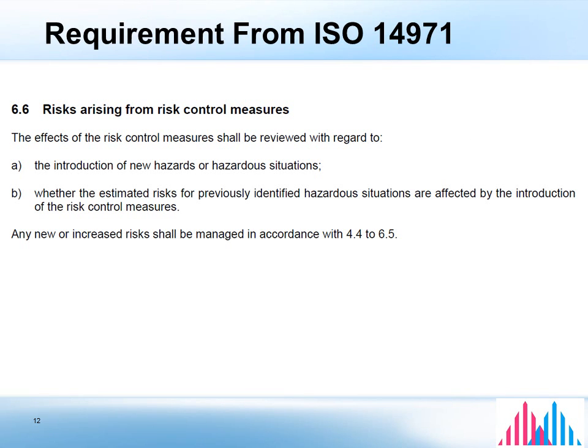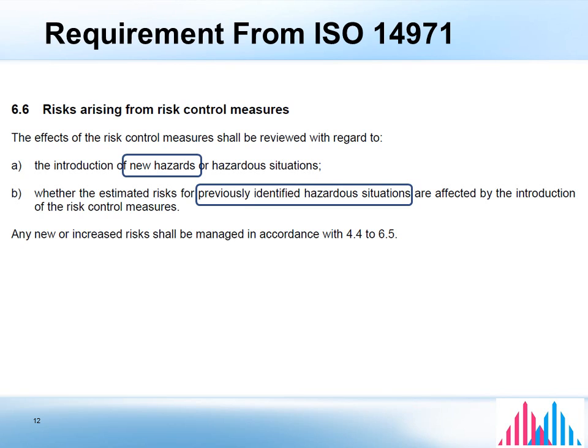The requirements from ISO 14971 for this issue are in Clause 6.6, where we see two parts. Part A, the effects of the risk control measures have to be reviewed for the introduction of new hazards. And Part B, they have to be reviewed for previously identified hazardous situations to see if they're affected.